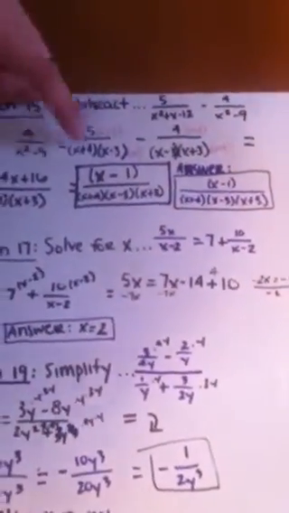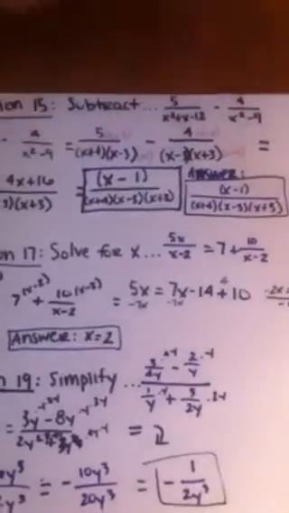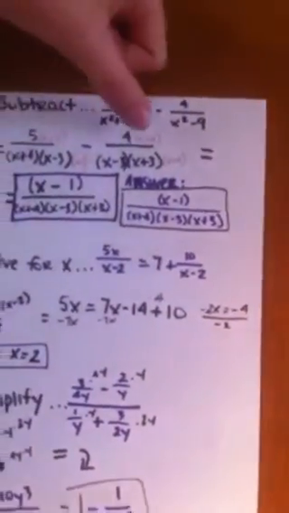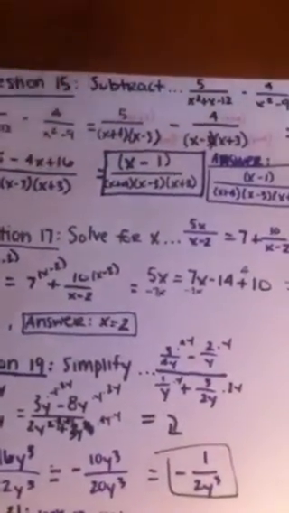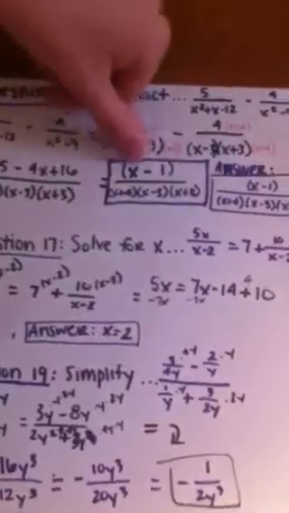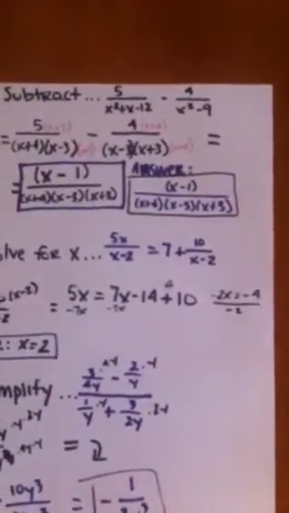So when you factored these out, you had 2 terms, and then you multiplied each by the term that they weren't alike in. Then you distribute this out to get 5x plus 15 minus 4x plus 16 over the quantity, which is equal to x minus 1. So x minus 1 over the quantity of x plus 4 times the quantity of x minus 3 times the quantity of x plus 3.